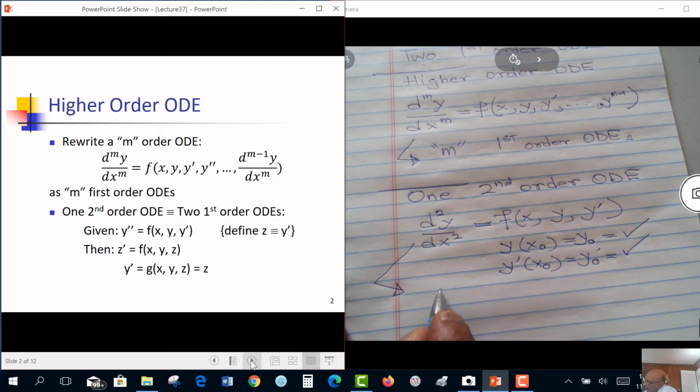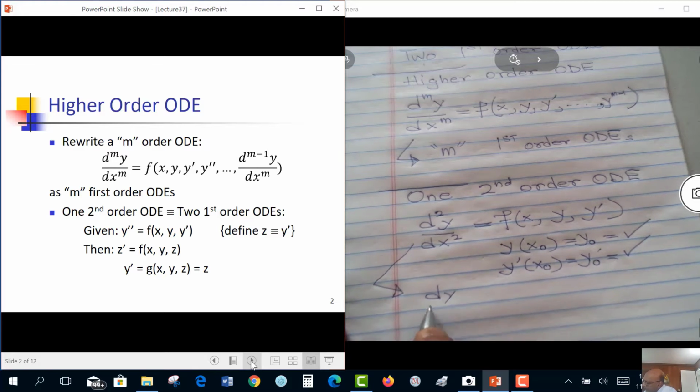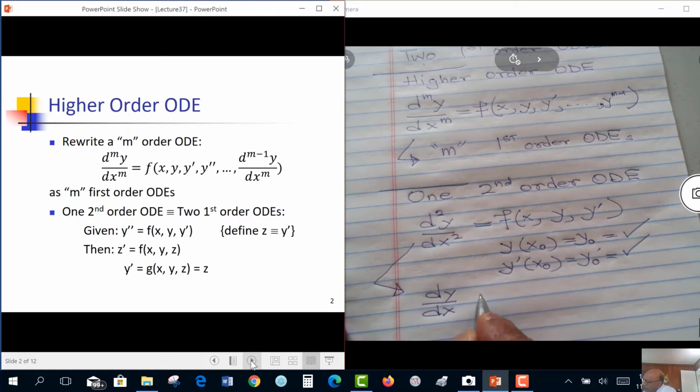We define dy/dx to be some quantity z. So now this differential equation becomes dz/dx is a function of x, y, and remember this is y prime, right?